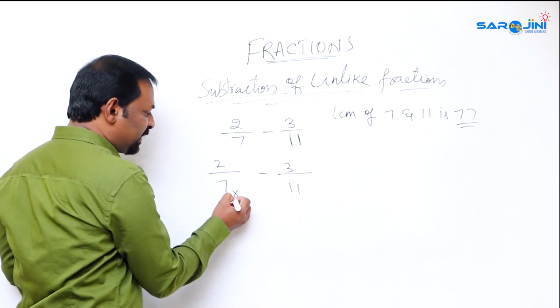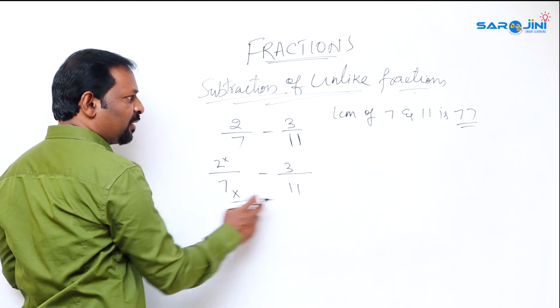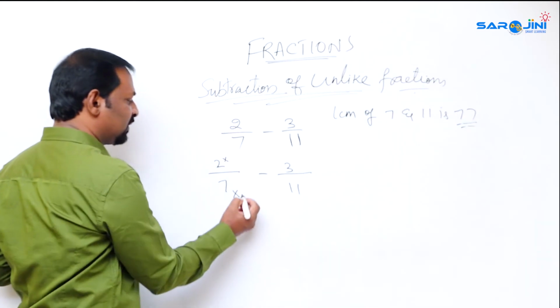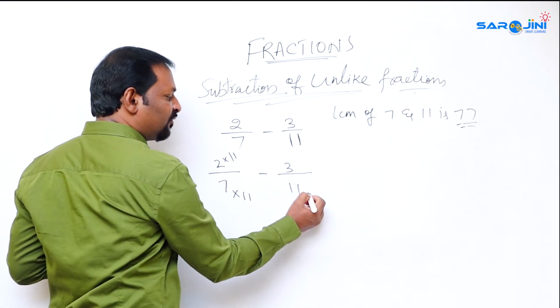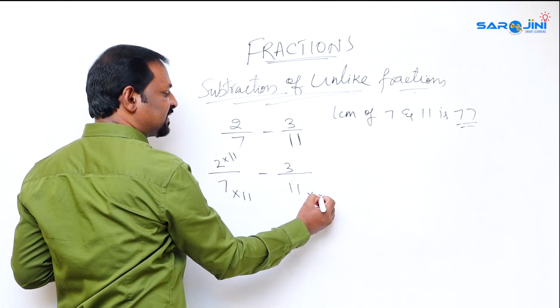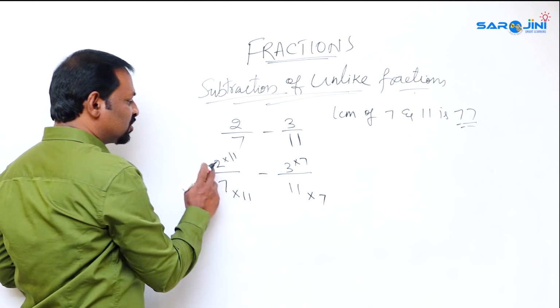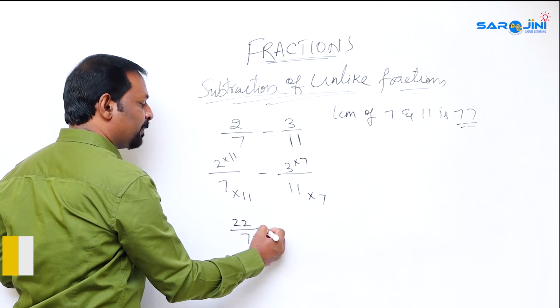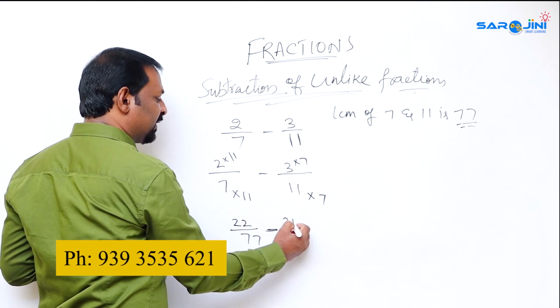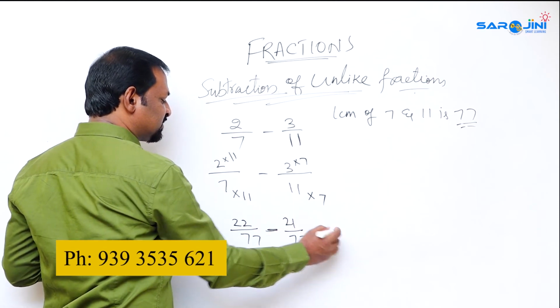What should be multiplied to this denominator to get 77? 11. For 11, what is to be multiplied to get 77? 7. So 2 11s are 22 by 77 minus 21 by 77.